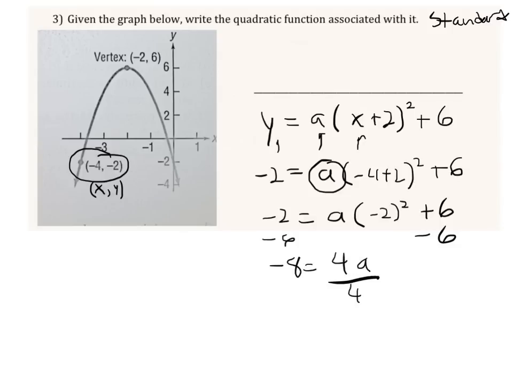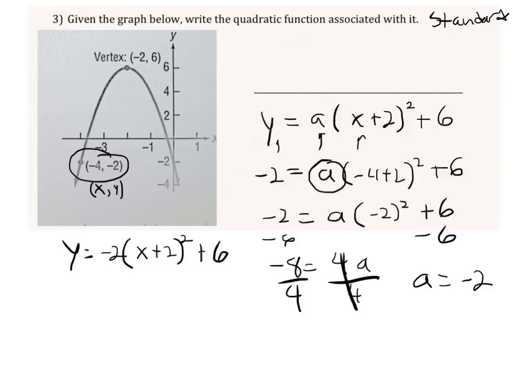Divide by 4, and a equals negative 2. So then I can rewrite and say that y equals negative 2 times (x plus 2) squared plus 6. And then I can start to simplify. y equals negative 2 times (x squared plus 4x plus 4) plus 6.